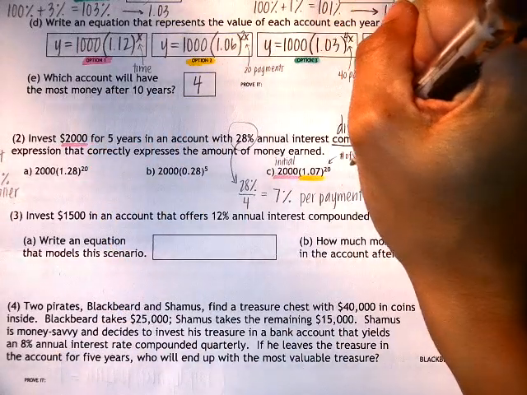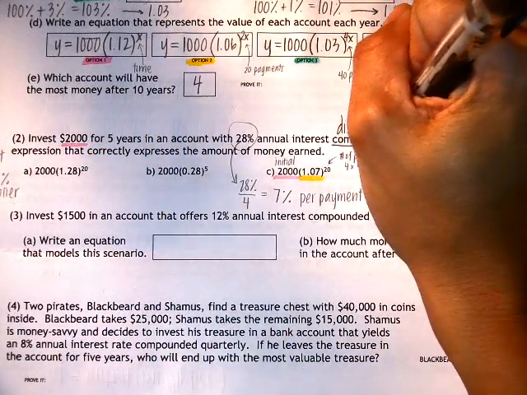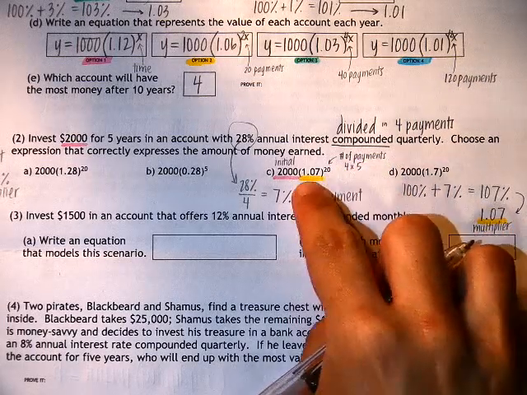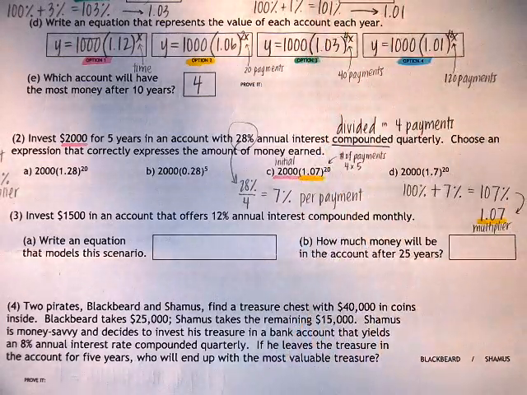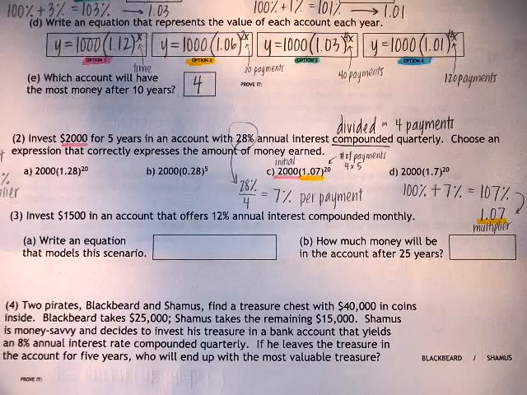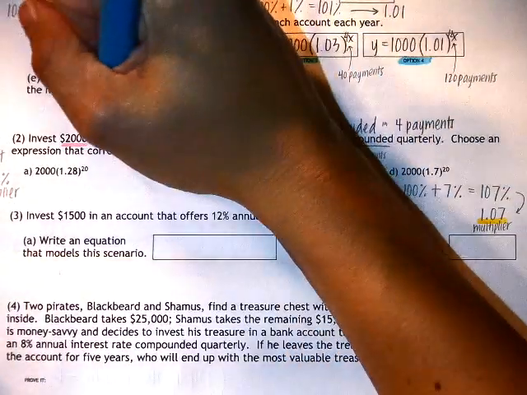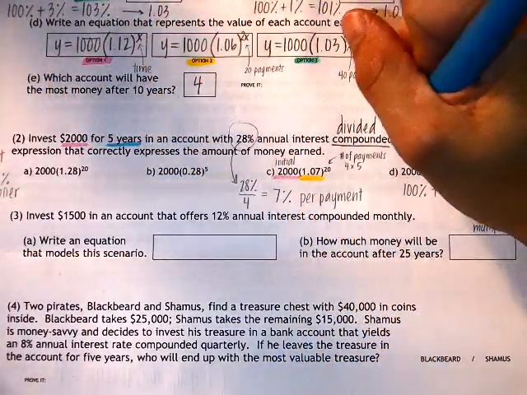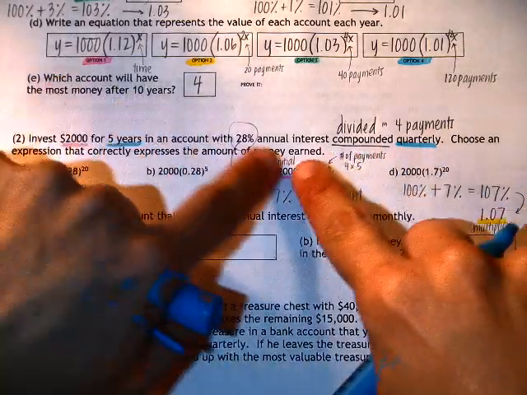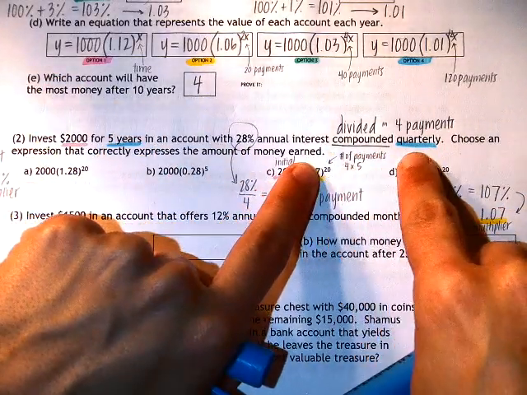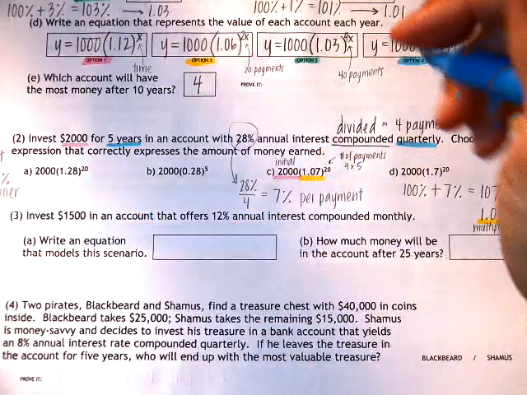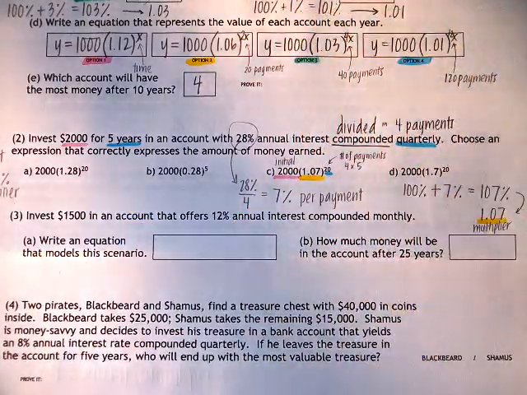And 4 payments a year times 5 years worth of payments really is 20 payments. So that 20 actually does make sense. That's basically combining the 5 years and the fact that it's quarterly into one single number. 4 payments per year times 5 years is 20 payments total.